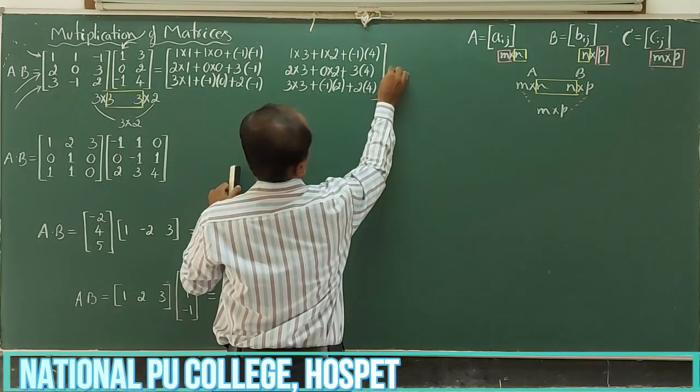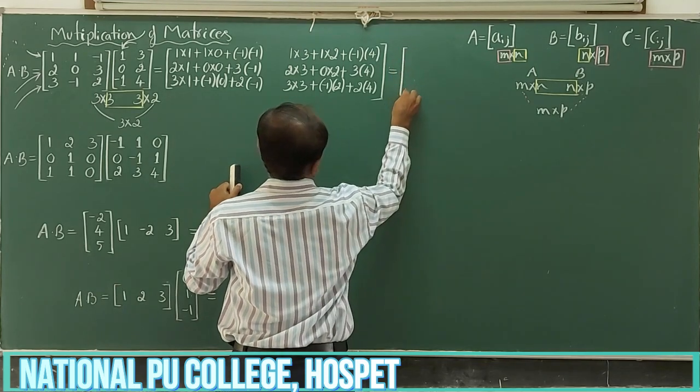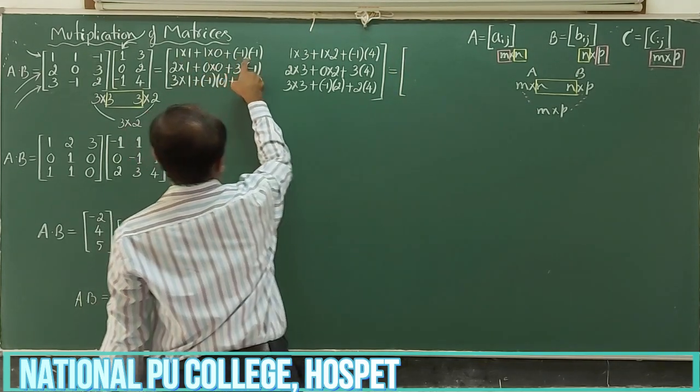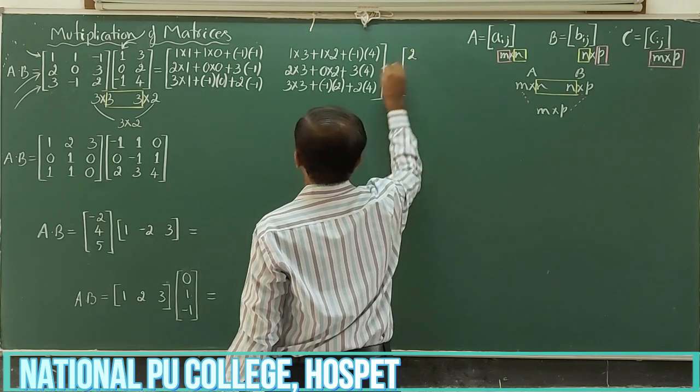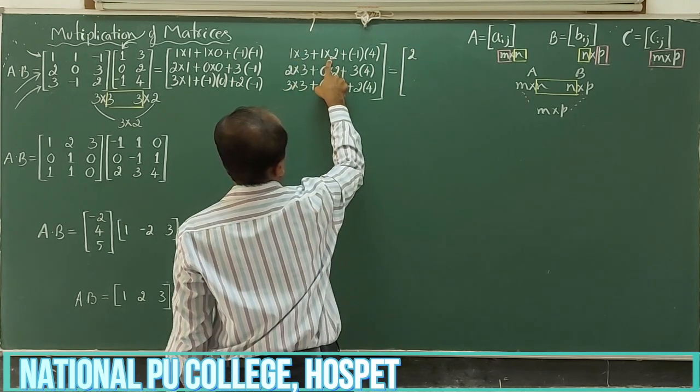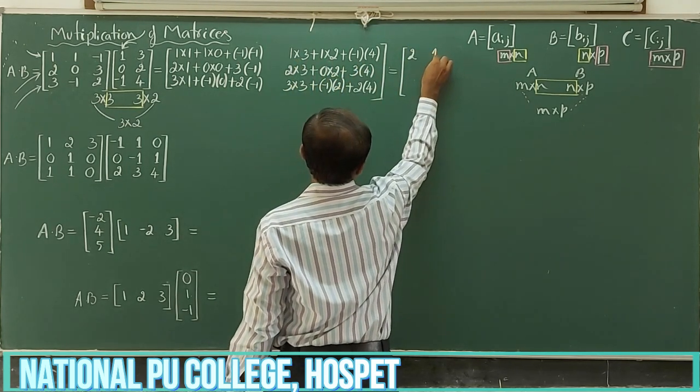Now simplify this. 1, 0, 1. That is 2. 3 plus 2, 5. 5 minus 4, 1.